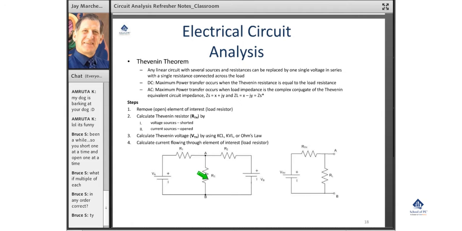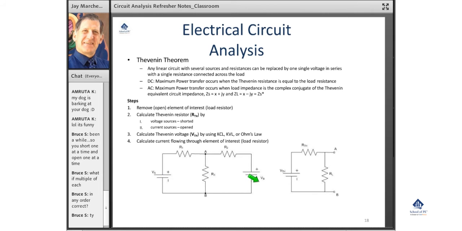In other words, we're going to attach some load between A and B. From the load's perspective, these sources and associated resistances can be combined into a single Thevenin voltage and a single Thevenin resistance. And to the load resistance it looks the same.